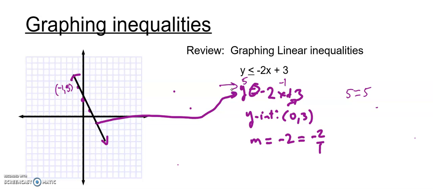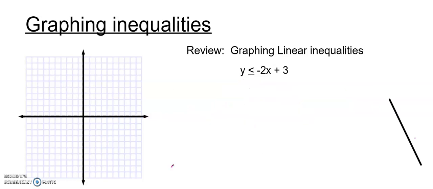Now, with an inequality, let's take a look at what's happening. I still want to draw a graph to represent these two variables, x and y. And I'm still going to graph the related line, y equals negative 2x plus 3, like I did in the previous problem. Have a y-intercept of 3, go down 2, right 1, down 2, right 1, or up 2, left 1. And I still want to draw a line connecting those points.